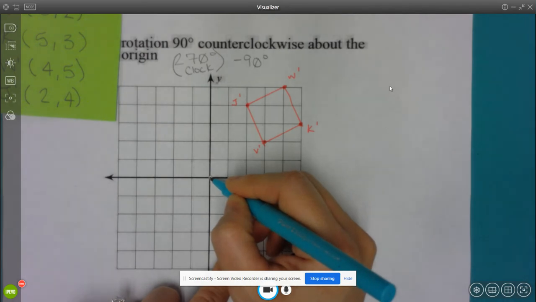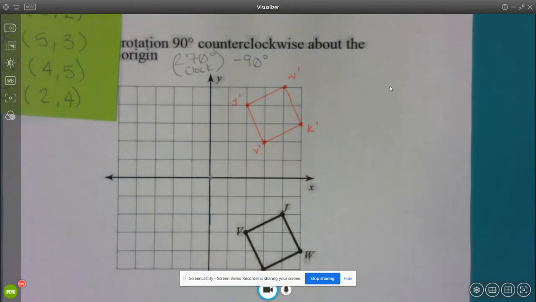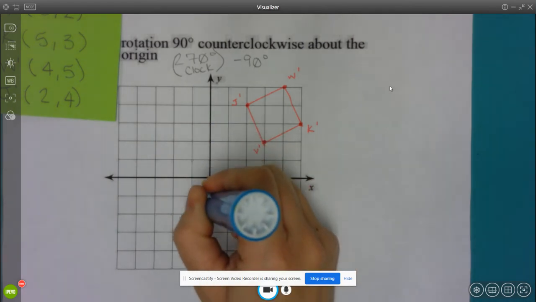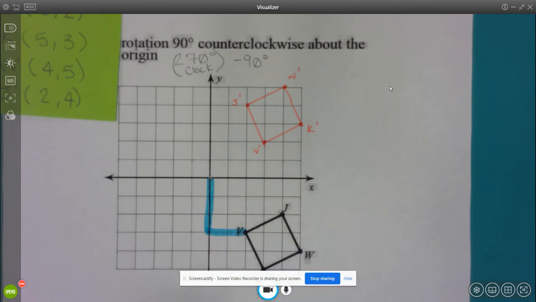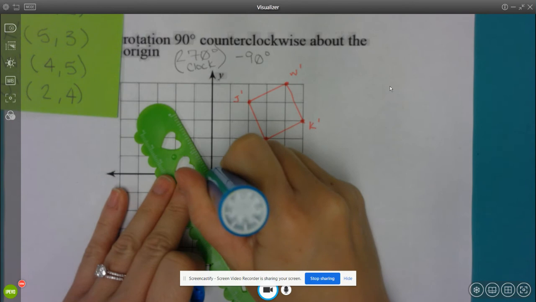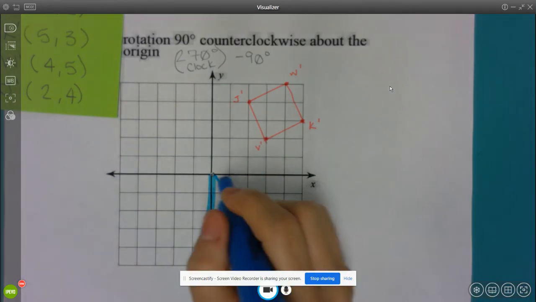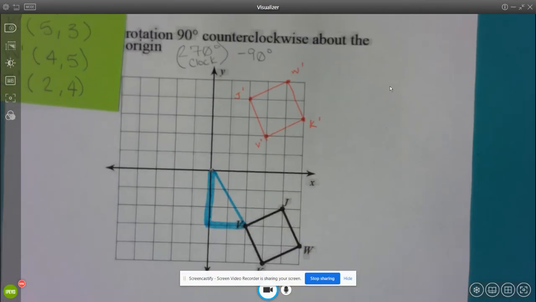Let me get a highlighter, that'll work better. I'm going to create a triangle that gets me to the coordinate V. So I've gone down 3 and over 2.